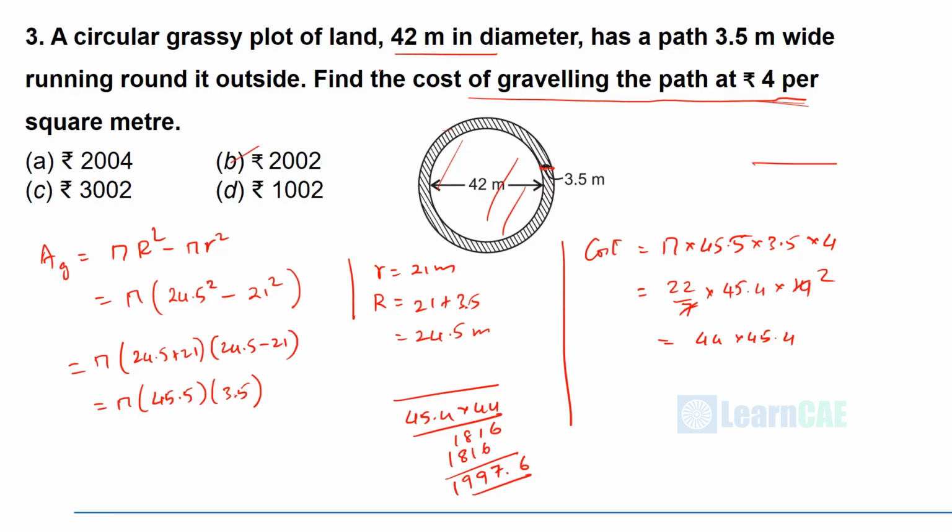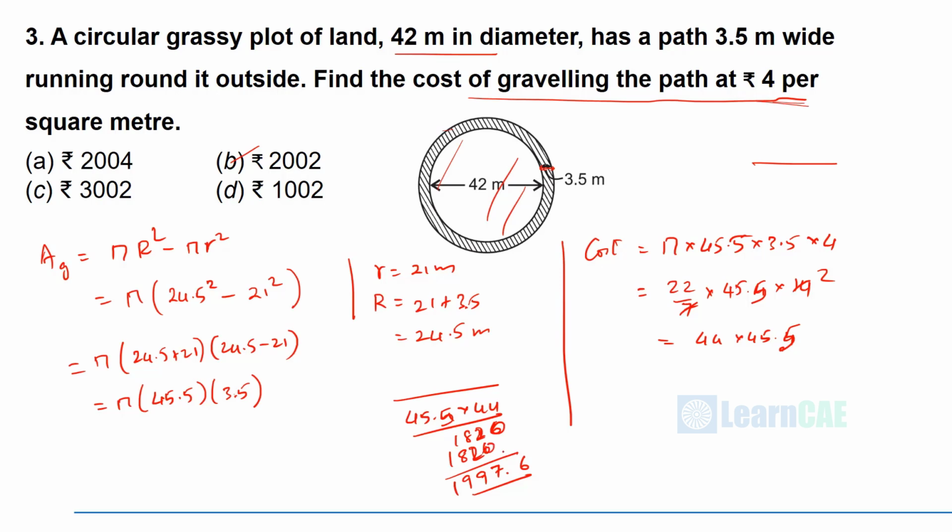I am sorry, there is a mistake here. So this is 45.5. Here I have made it as 45.4. So we have to multiply 45.5. So 5 4s are 20, 22.